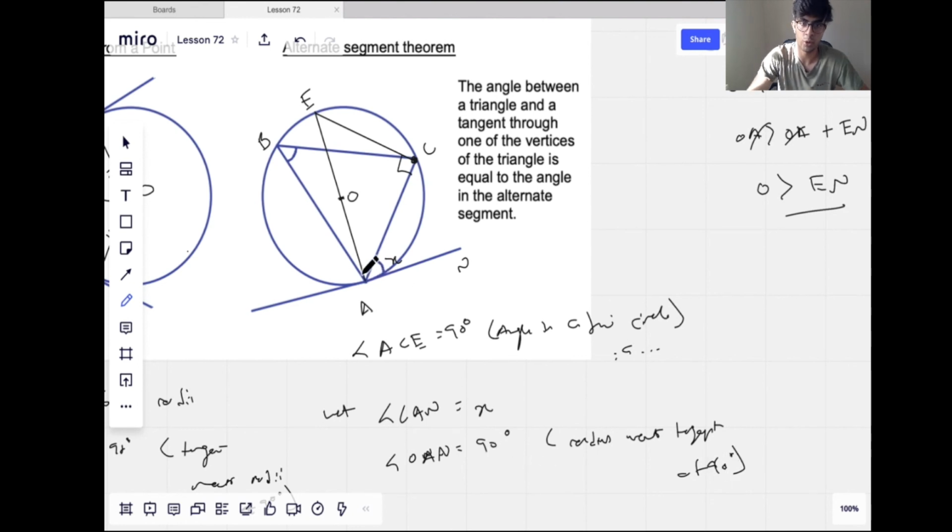And we know what this angle in here is, angle OAC. Angle OAC is equal to 90 minus X, because this whole thing is 90, so this angle in here is 90 minus X.